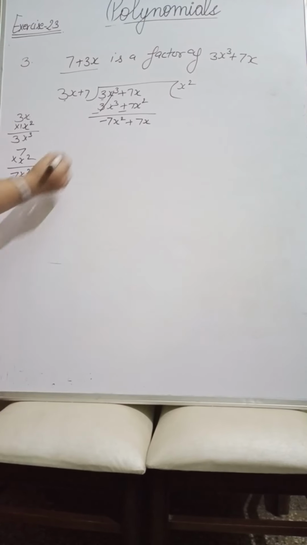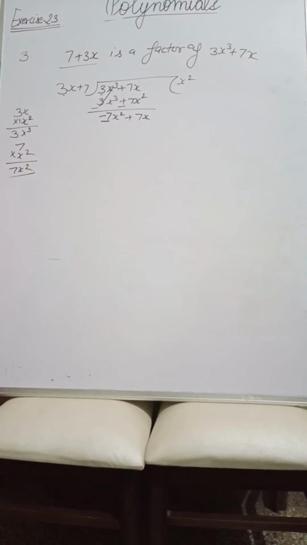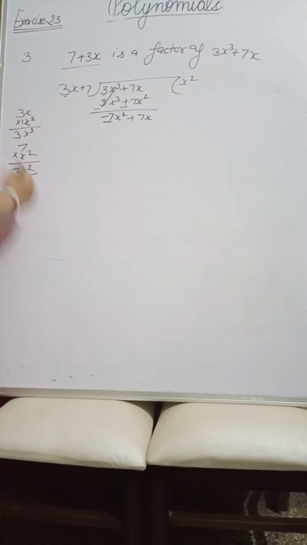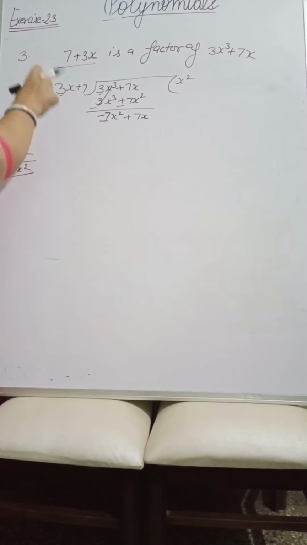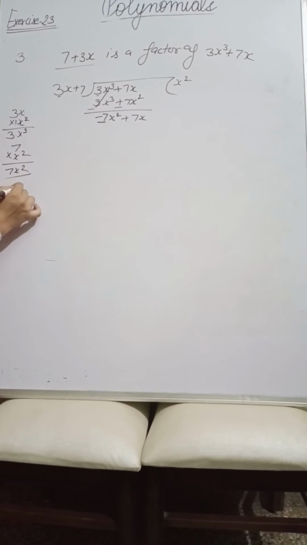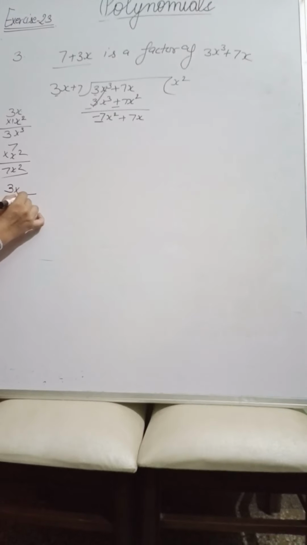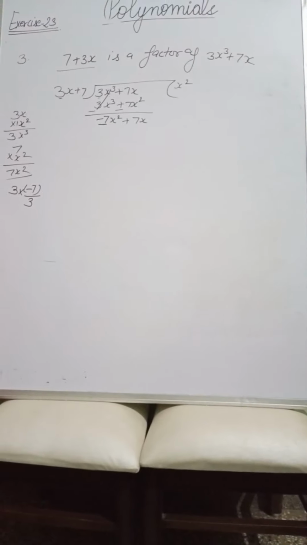Now I need this coefficient of x square, minus 7, but what is here? This 3. So we have to cancel this 3 and we need to take 7 here. So what I will do here, I will divide it by 3 and multiply with minus 7.